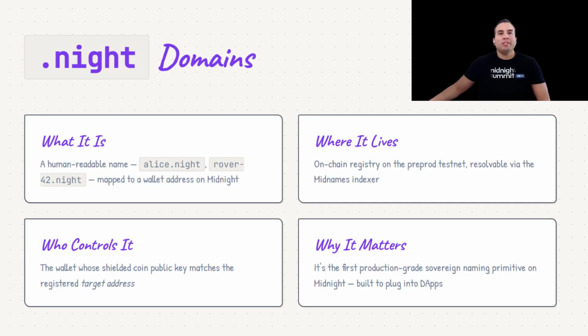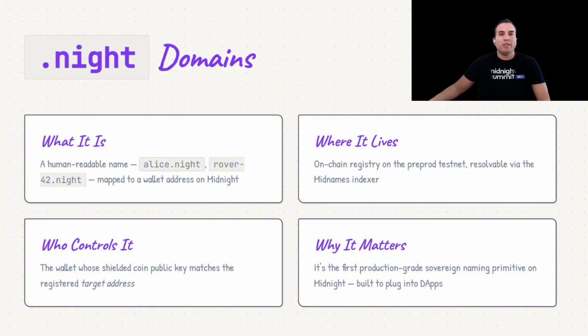So let's define .night domains concretely. What is it? A human readable name, for example, alice.night or rover42.night. All of them map to a wallet address on Midnight. Where does it live? On-chain, in a registry contract, resolvable via an indexer. Who controls it? The wallet whose public key matches the domain's registered target.